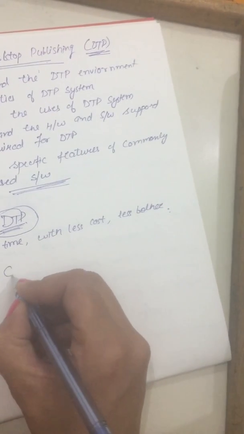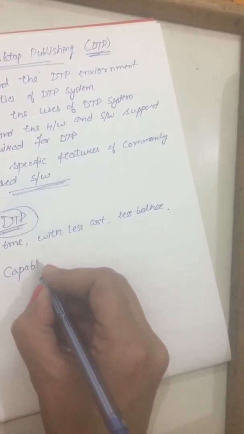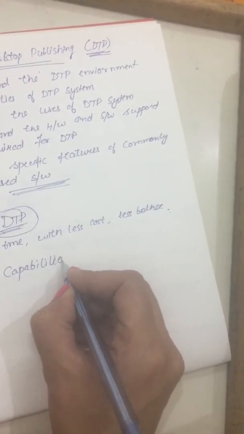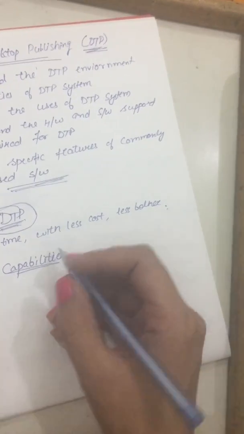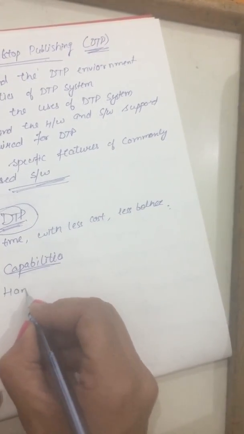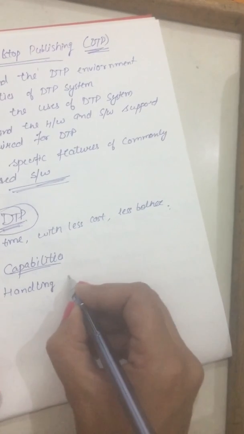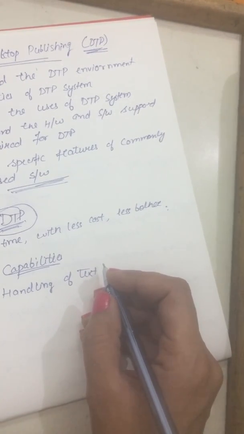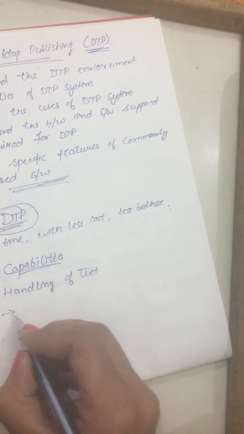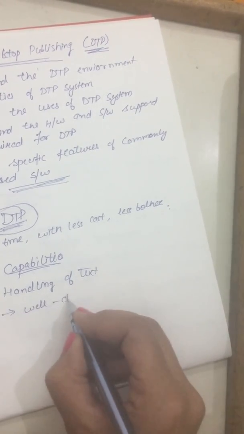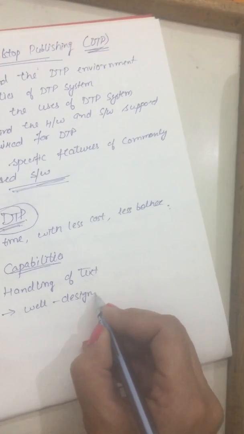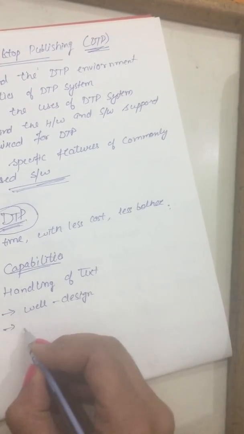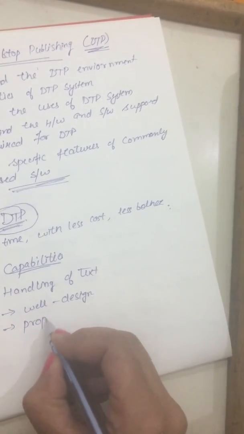Second, we will discuss the capabilities. What are the capabilities? It means handling of text. How can DTP handle text? Handling of text means well designed text, proportionally spaced.